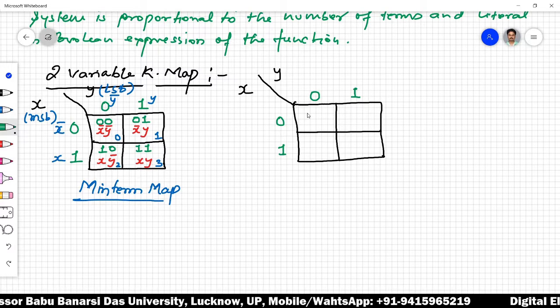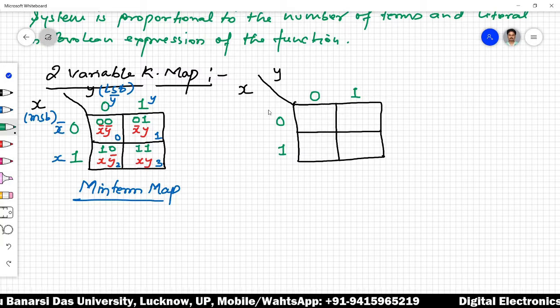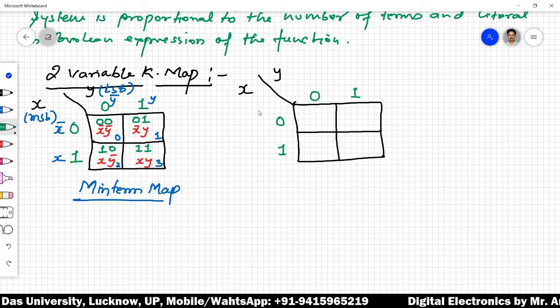Now here we are concerned about the max term approach.